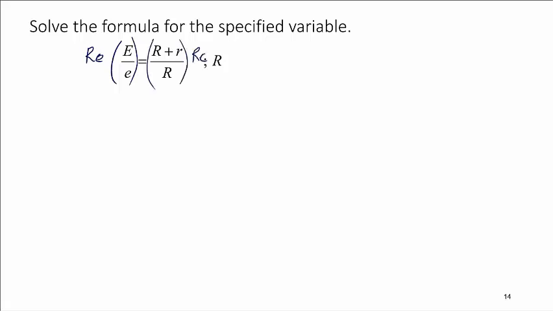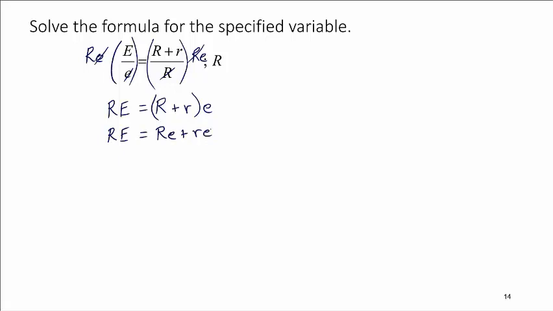On the left, e will cancel, and I'm left with big R big E. And on the right, R's will cancel, and I'm left with big R plus little r times little e. Now I'm going to distribute little e through on the right-hand side. So I'll have big R big E equal to big R little e plus little r little e.